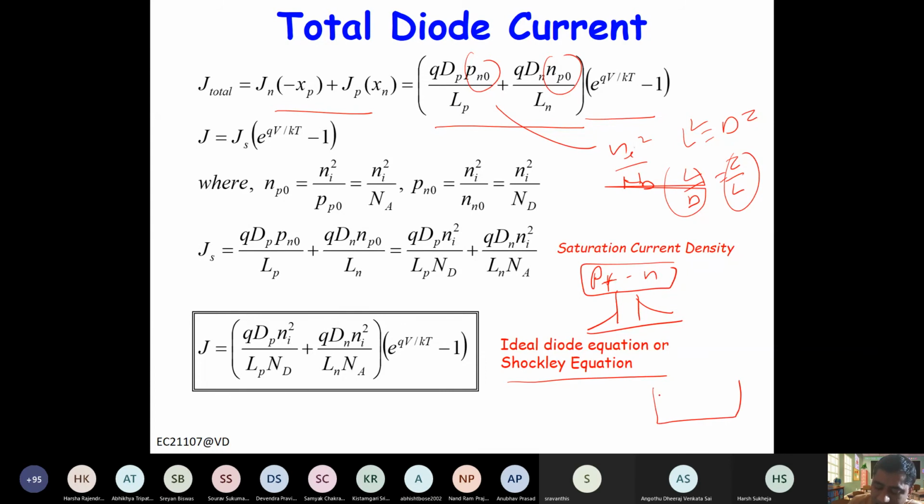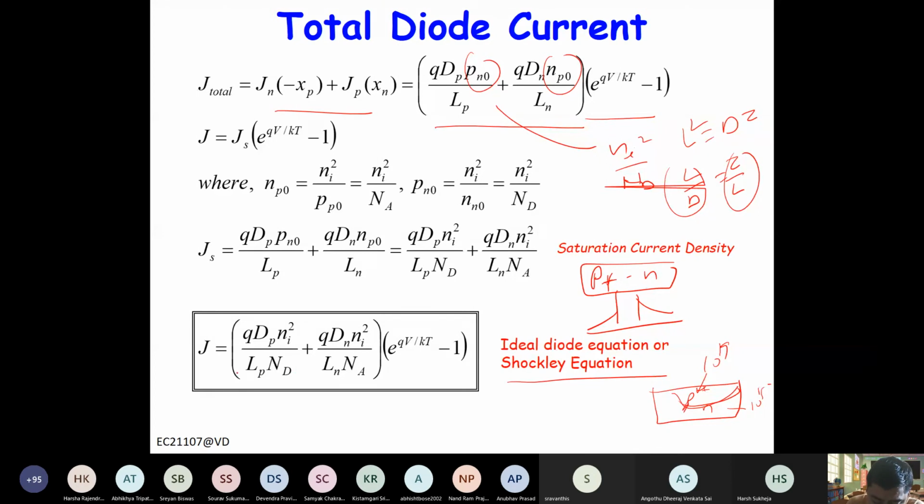Let's say there's already an N type substrate. If you make it P type, of course, you will use high concentration. Let's say this doping is 10 to the 15, and you make it 10 to the power 19. So this will become a P plus N junction. So the number of holes injected from P plus will be much larger.